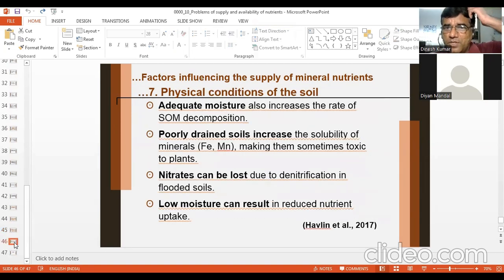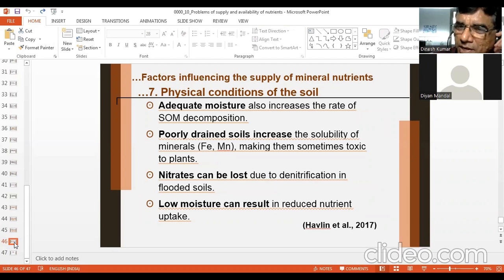Adequate moisture also increases the rate of soil organic matter decomposition. Poorly drained soils increase the solubility of minerals like iron and manganese, making them sometimes toxic to the plants.